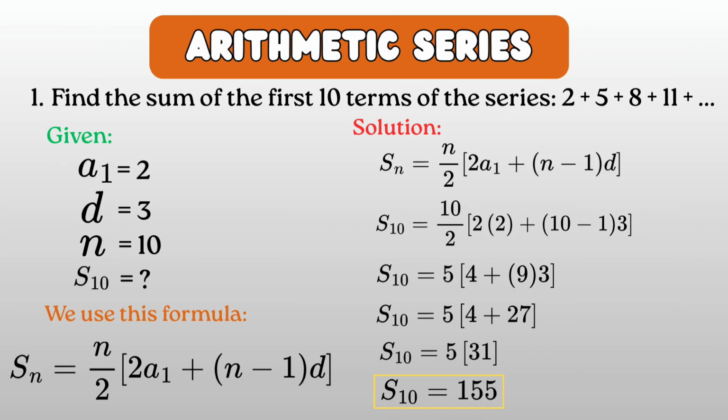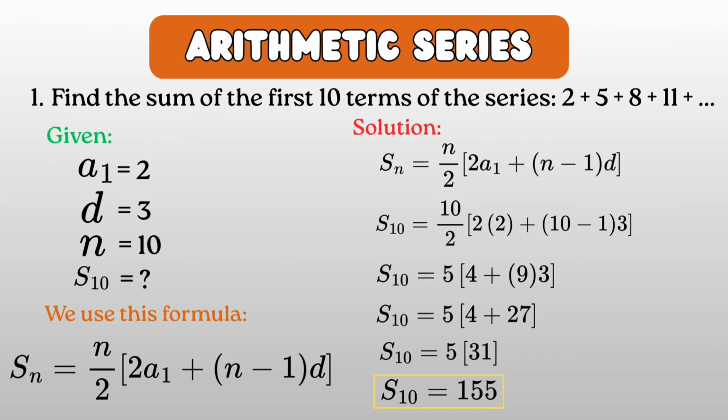Our common difference is 3. Our number of terms is 10. Next, we use this formula. S sub n is equal to n divided by 2 times the quantity of 2 times a sub 1 plus the quantity of n minus 1 times d.